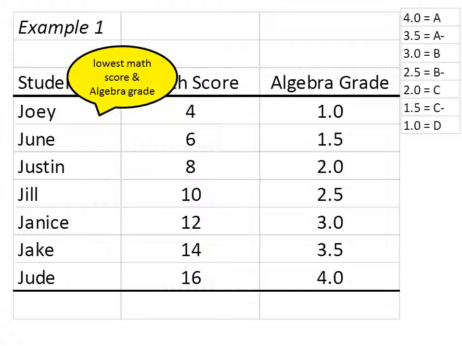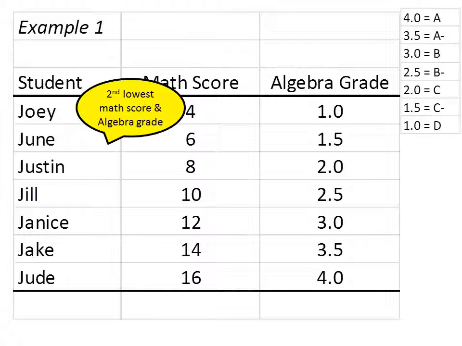What I want you to know is that Joey has the lowest score in math and the lowest algebra grade. Now, remember earlier, we've talked about a direct or a positive relationship. Since he has the lowest math score and the lowest algebra grade, we would see that this is clearly a direct or positive relationship.